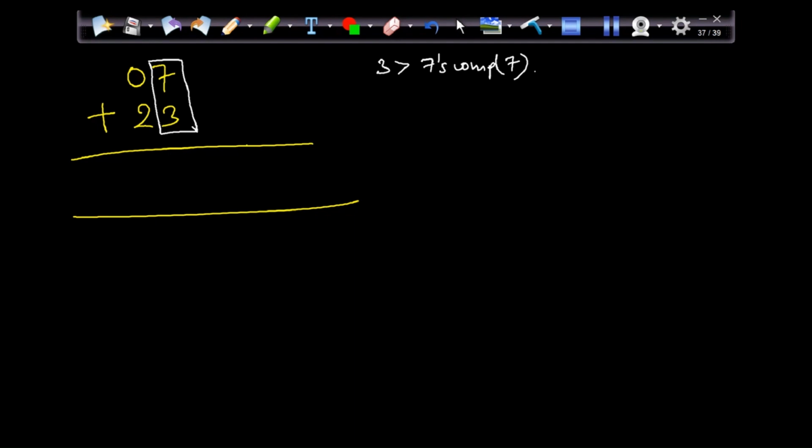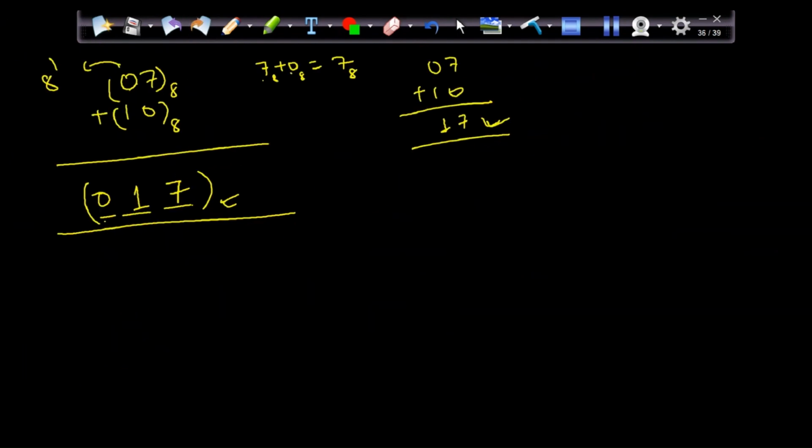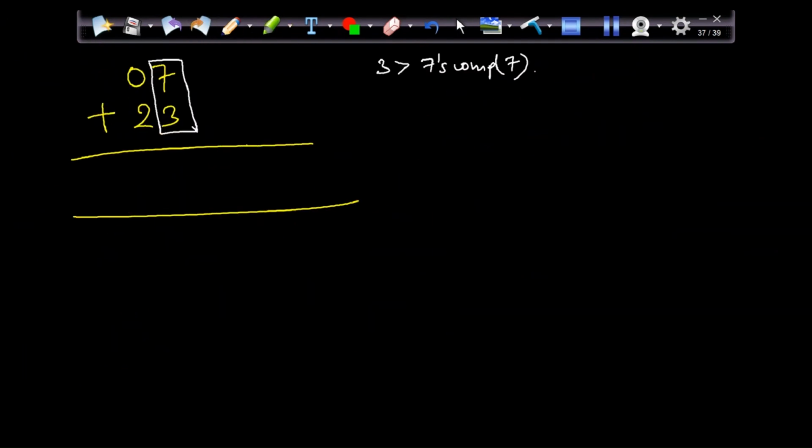One way to go is to look at all the possible numbers, and from 7 you move 3 steps. So 1, 2 and 3. So 7 plus 3 will be equal to 12. This 12 is in octal.